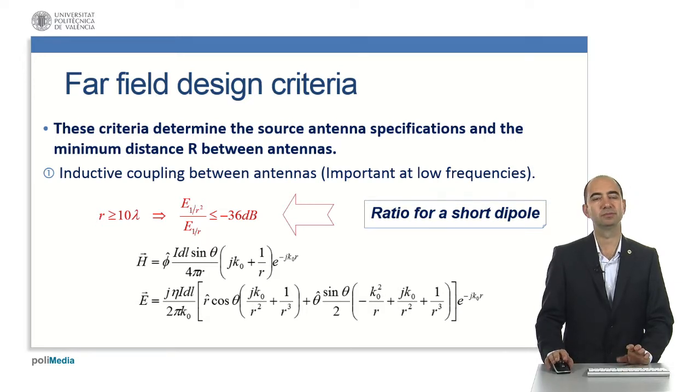I divided this session in mainly five characteristics, or five criteria. The first one: we say that we are in far-field when the inductive coupling between two antennas, antenna under test and antenna probe, is low enough. That means that you have to be far enough, at least 10 times the wavelength, to consider that the field created by the short dipole is low enough.